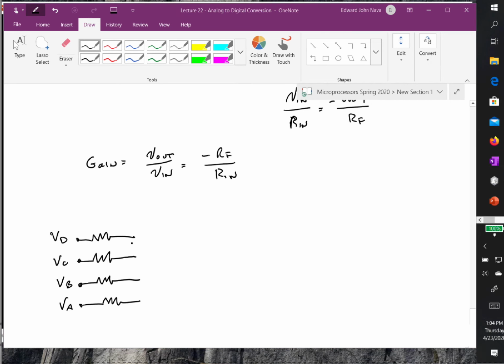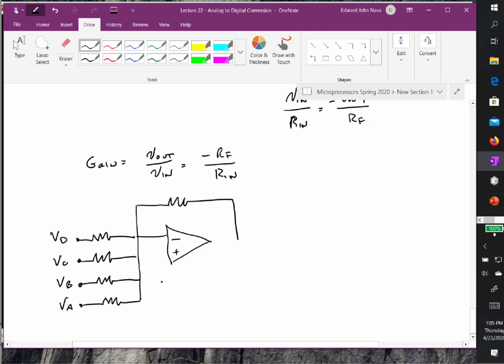And I'm going to implement them in a configuration which we call a summer amplifier. So here's my R sub F, and I'll make this 1 k ohm. And this will be 1 k ohm, and this is 2 k ohm. This is 4 k ohm, and this is 8 k ohm.